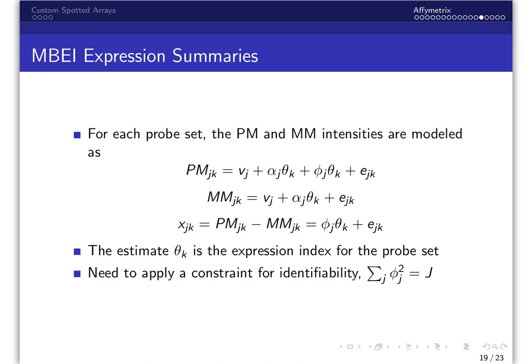The model assumes the probe intensity will increase as theta sub k increases, but the rate of increase is different for the different probe pairs within a probe set and also differs for perfect match and mismatch probes. Using these two equations, the probe pair difference is modeled by this equation. There are then n by j equations available to estimate n plus j parameters.